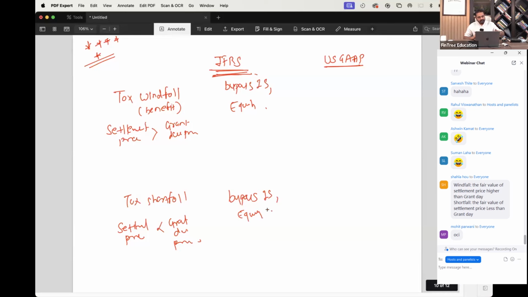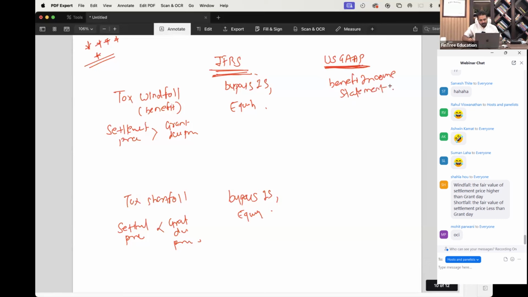So whatever benefit or losses you get because of this windfall, those are not put in the P&L, those are put into equity. What US GAAP says is, US GAAP says nothing. US GAAP says you do accounting the way you want, which obviously means the benefit goes to the income statement. Okay, now let's show you very quickly what that means.